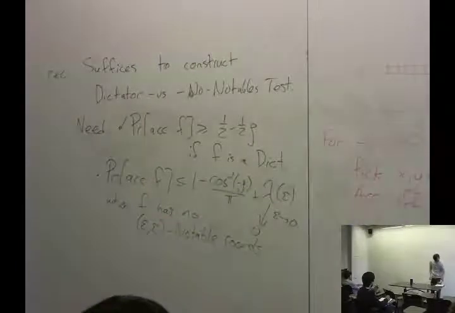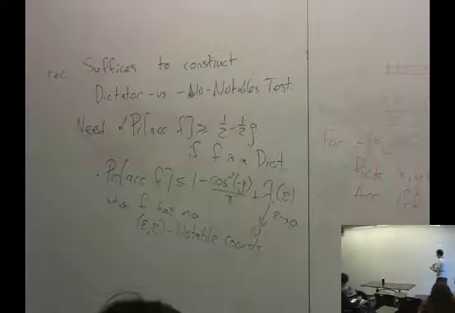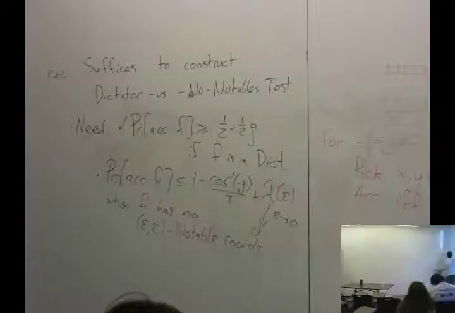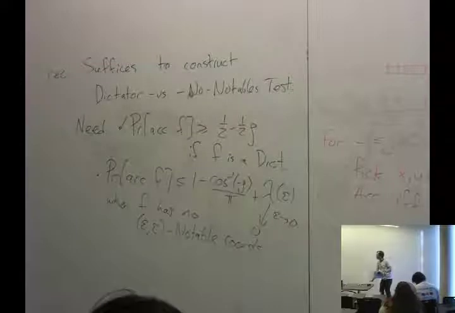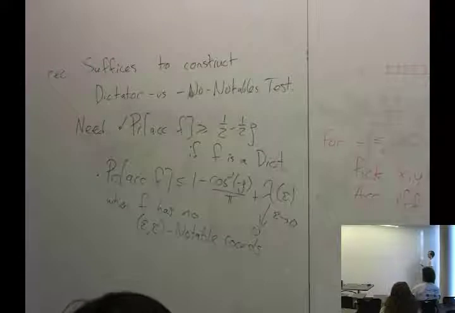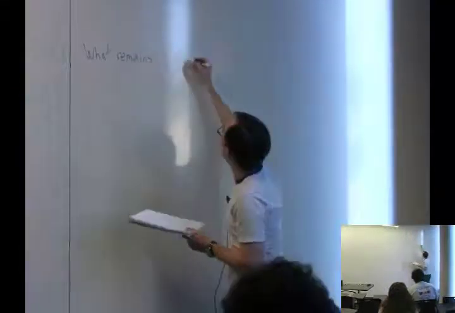More precisely, to prove this theorem, which I'm erasing, to get the hardness result for max cut, which matches the Goemans-Williamson algorithm, via proving this result about a dictator test, what remains is to show the following.